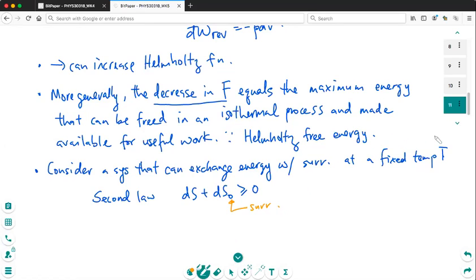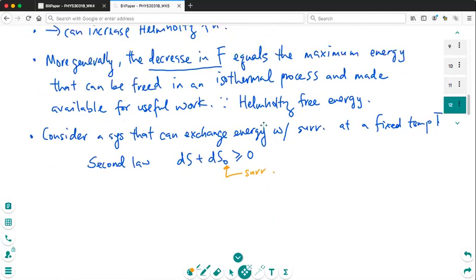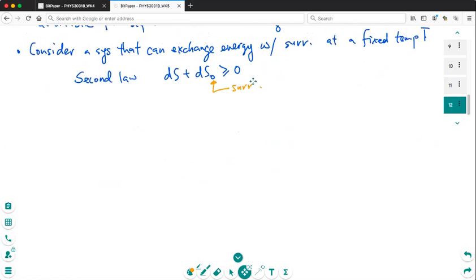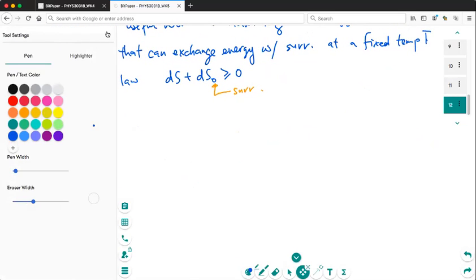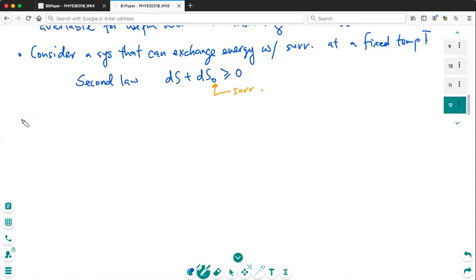Okay, now I'm going to suppose some heat enters the system from the surrounding. So this is d bar q. Let me consider a tiny amount of heat entering the system.